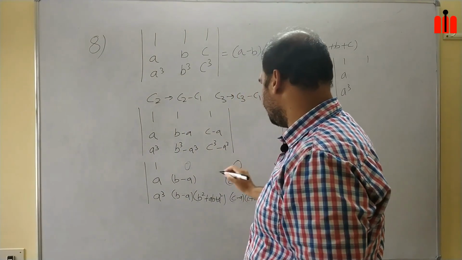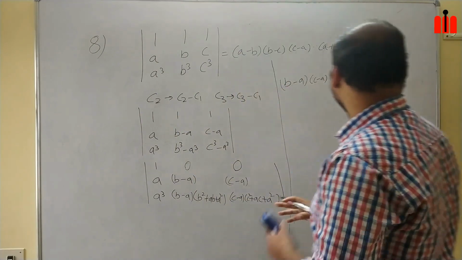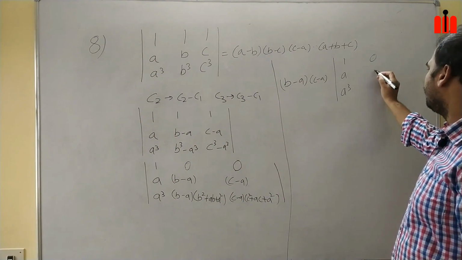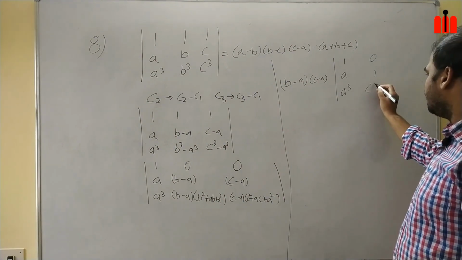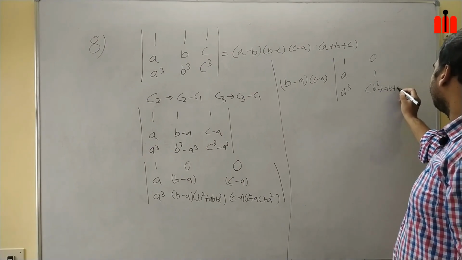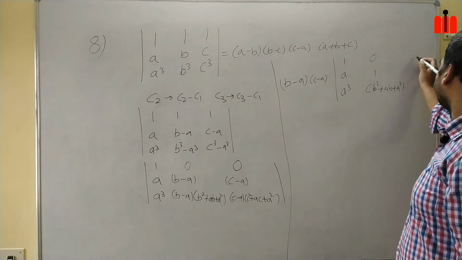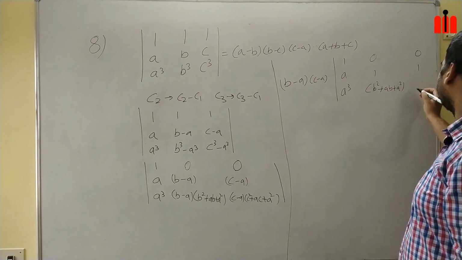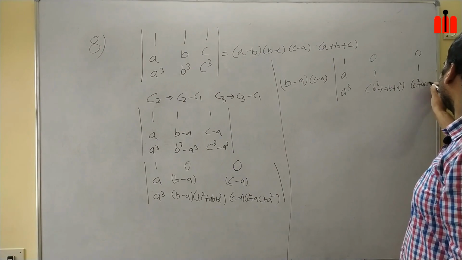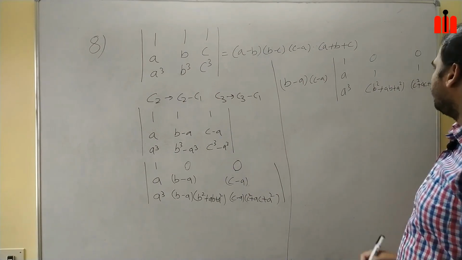Here it will be 0 and here also it will be 0. So it will become 0, 1, here it is b square plus ab plus a square, and here it is 0, 1, c square plus ac plus a square.